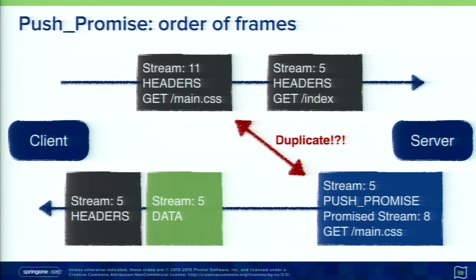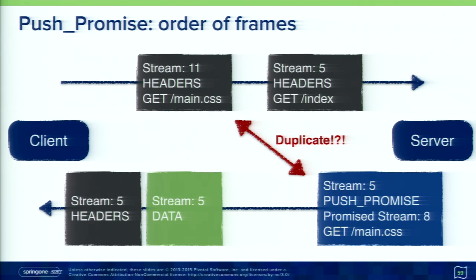Then the client asks on stream 11 for the CSS file, and if the server pushes that resource after it has already started pushing the page itself, then there's a race condition because the client asked for something that the server is pushing right now. So it's really not efficient at all. Depending on timing and many things, you don't know what will happen. Maybe the client will still get the full resource, or maybe it will reset the stream when the server responds again with the same resource on stream 11. So this is not really helpful.